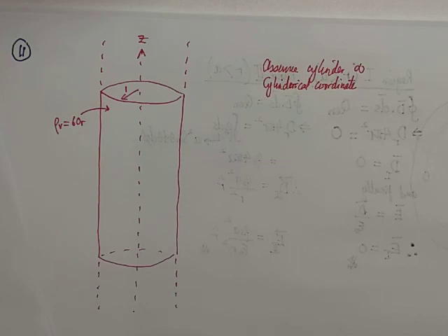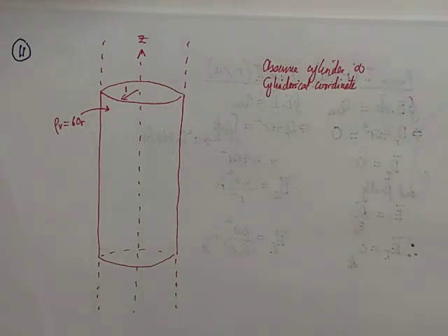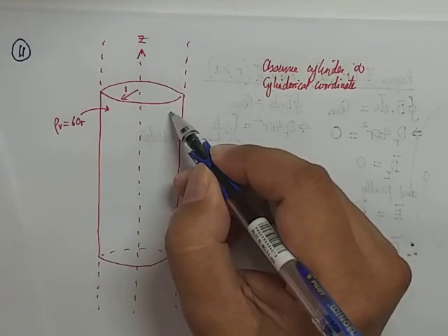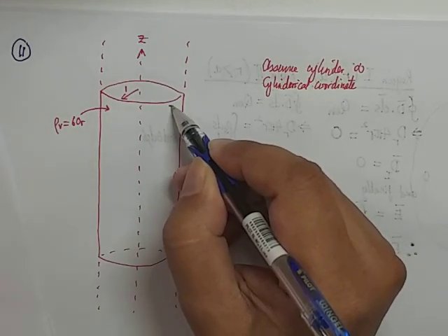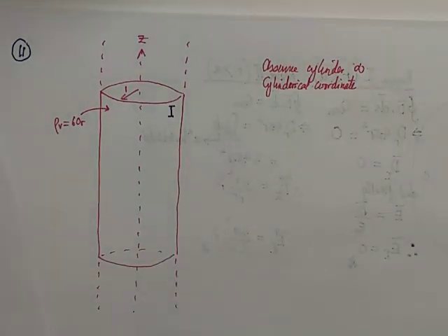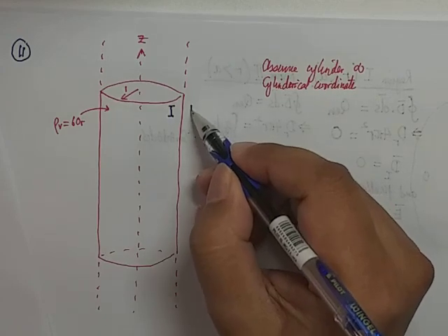Okay, so now I'm going to use Gauss law to find D, and from this diagram I can see two distinct regions. First, one region is inside the cylinder. The second region is located outside the cylinder.